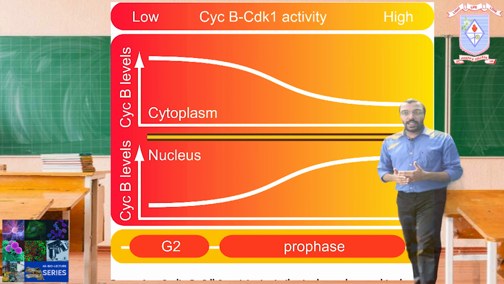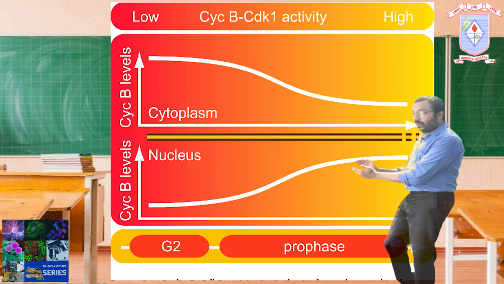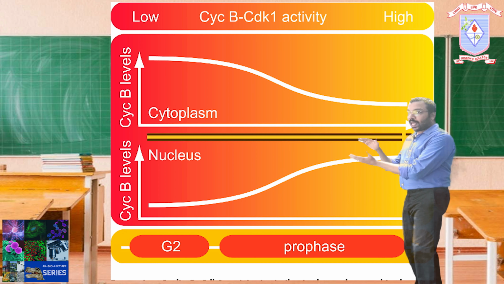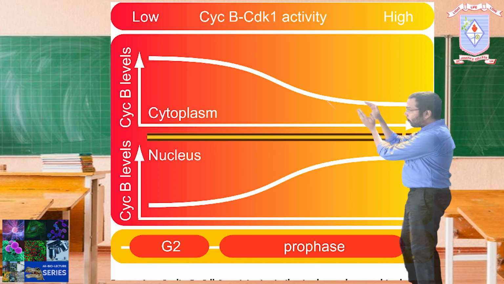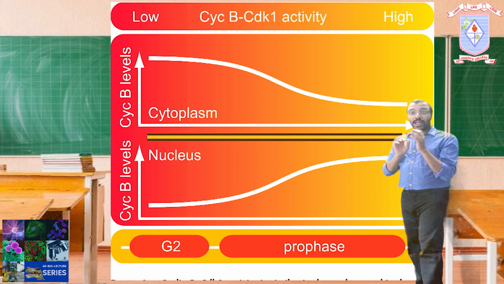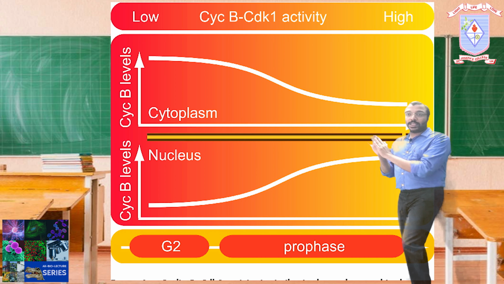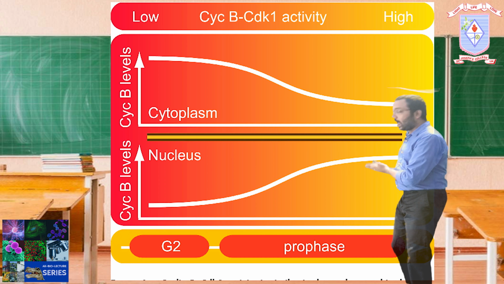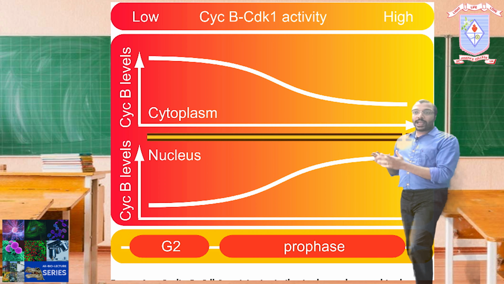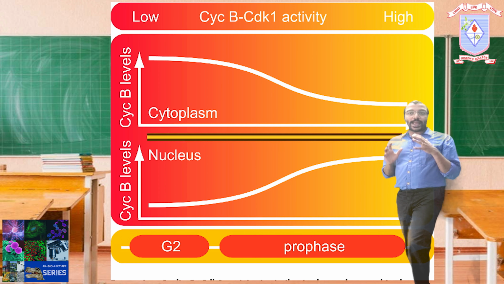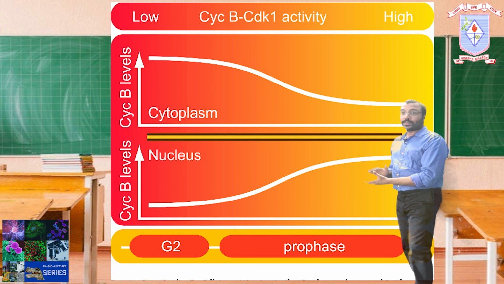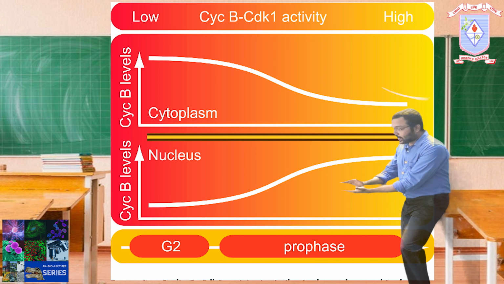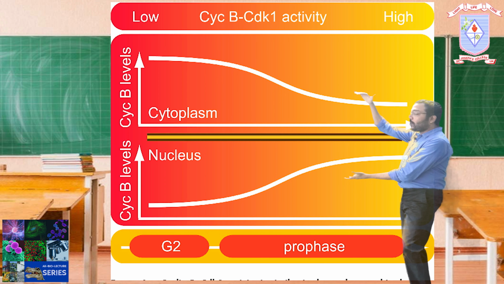The stage of the cell cycle starts with G2 phase, and at that time the level of cyclin is maximum in the cytoplasm, compared to the nucleus. But as the cell progresses into the prophase of the M phase, you can see a clear-cut change in the level of cyclin across the nucleus. At M phase, the cyclin B level is low at cytoplasm and high inside the nucleus.